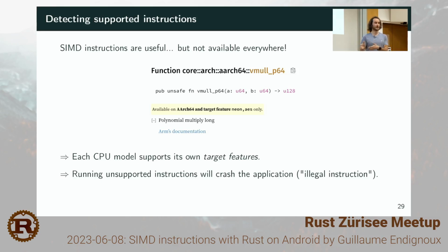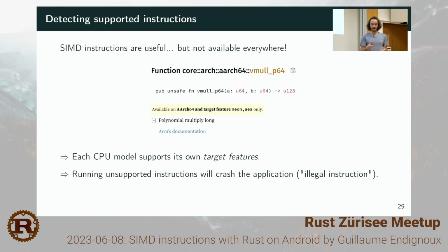And if you look at the Rust documentation for the intrinsics functions, you will see this yellow notice, which I think is the kind of unsafe guarantees that you have to uphold. For example, this specific function is only available on ARM, so that's fine, and only for CPUs that have these Neon and AES features.